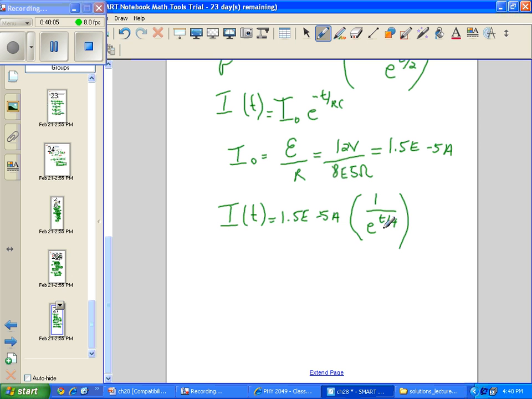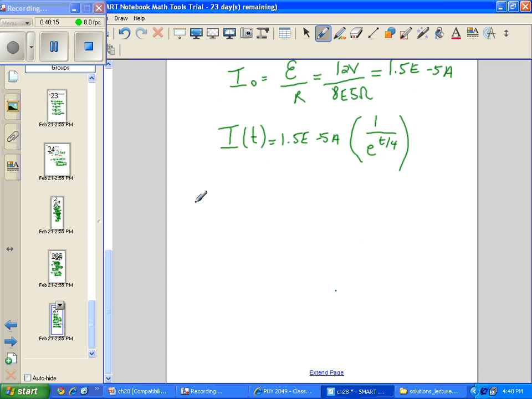The last thing we're asked to calculate is the charge on the capacitor 2 seconds after charging and the current through the circuit 2 seconds after charging. So Q of 2 is equal to 6 e to the minus 5 coulombs times 1 minus 1 over e to the 1/2. 2 divided by 4 is a half.